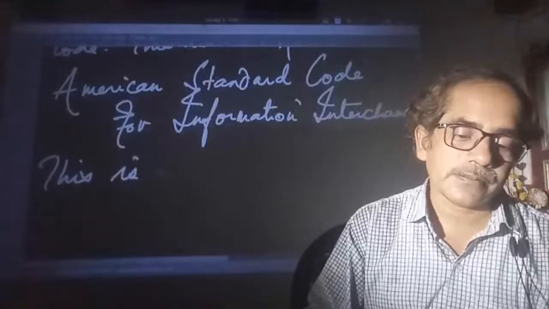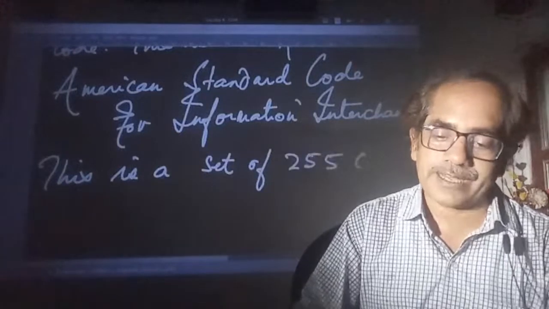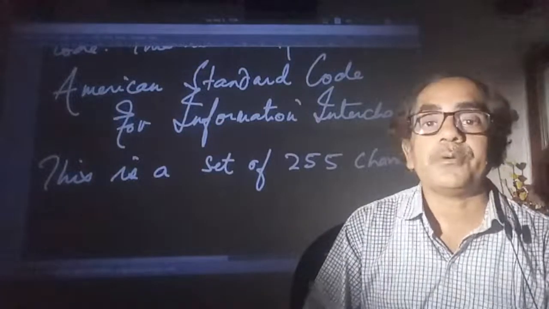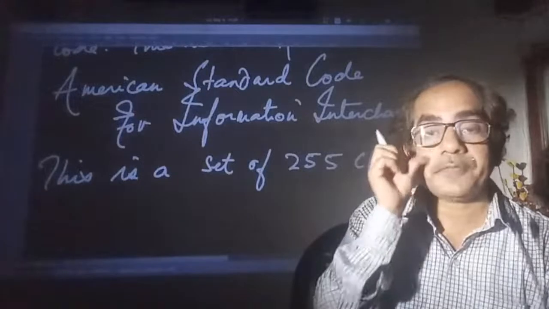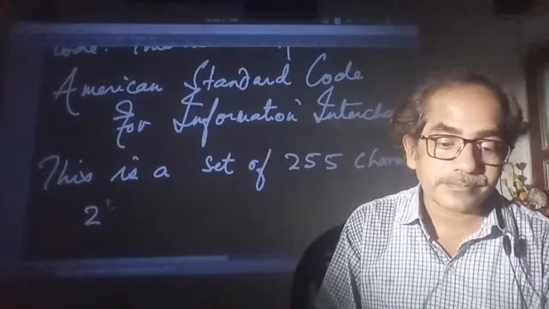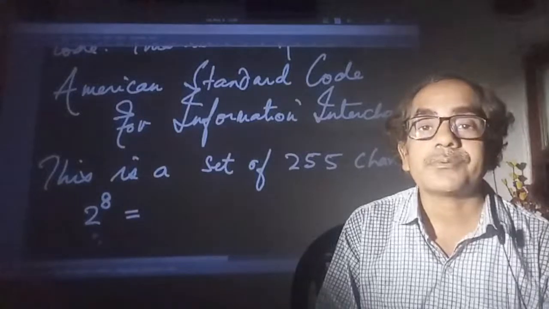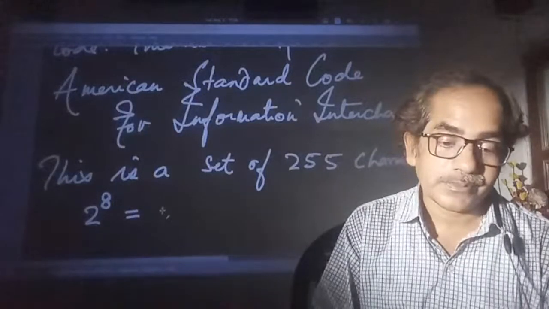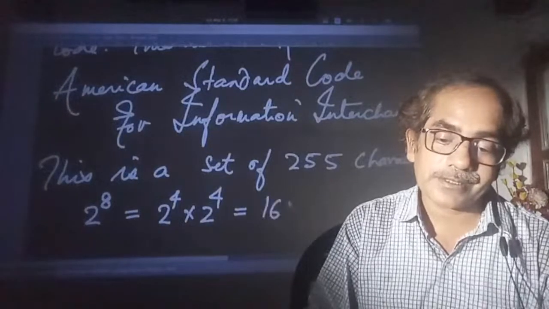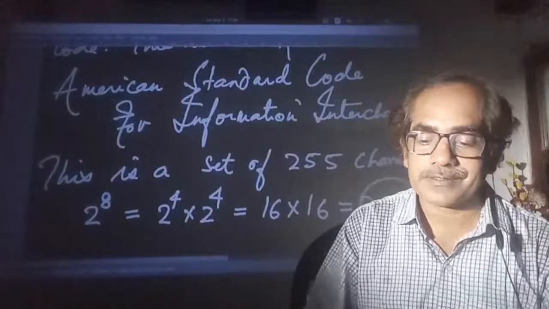This is a set of 256 characters. If you remember the concept of binary numbers you studied last year, then you know 2 to the power 8 is equal to 2 to the power 4 into 2 to the power 4, 16 into 16, 256.